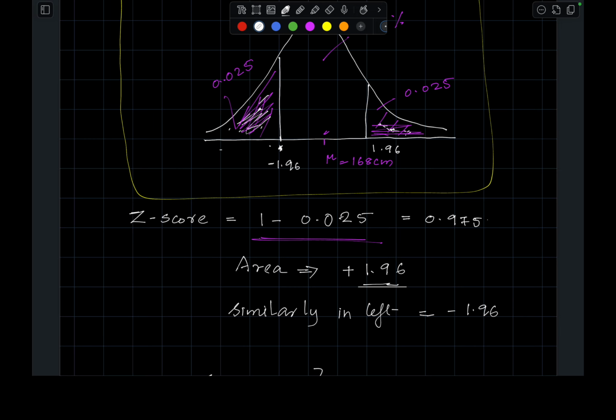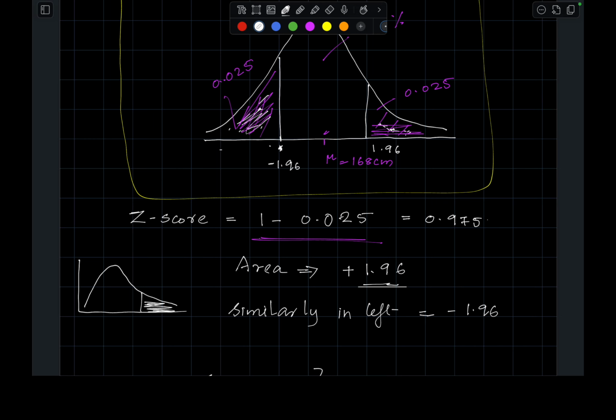Here, for example, it is 1.96. Similarly, if you are going for a one-tailed test, there will be only one rejection area, only this particular area or the other side. So the area which we get with a 95 percent confidence interval will be entirely different.